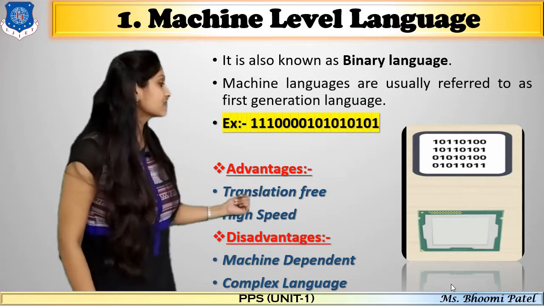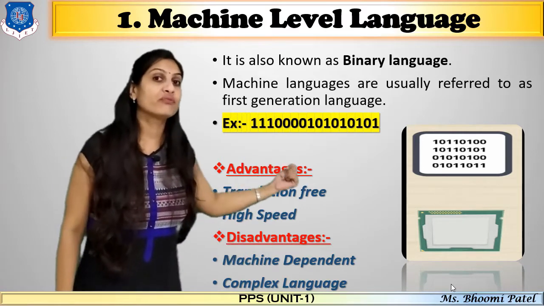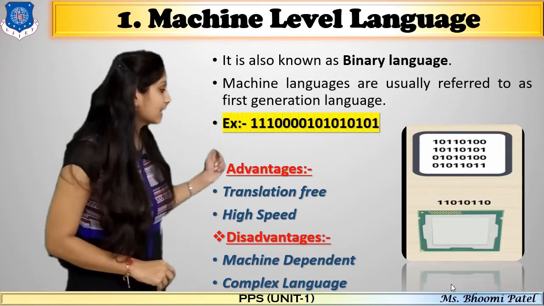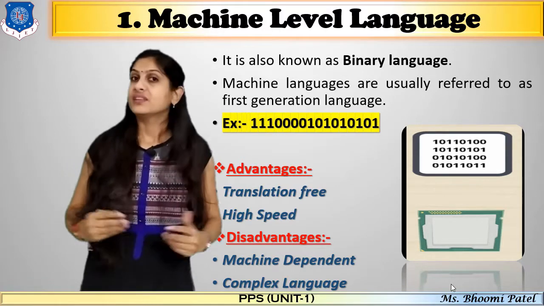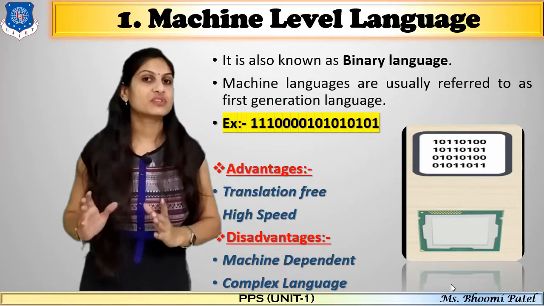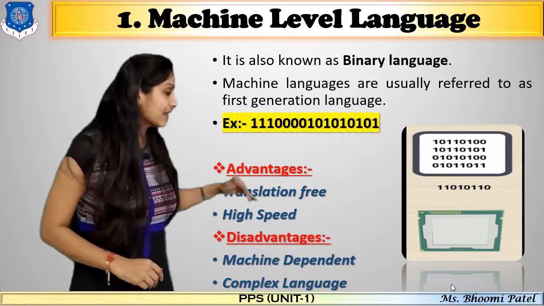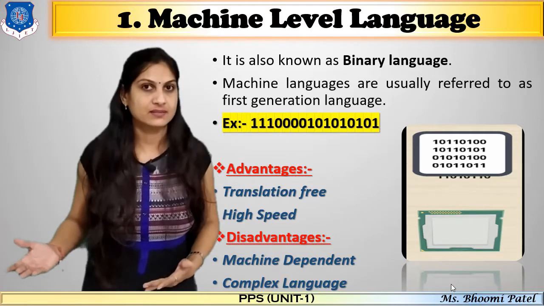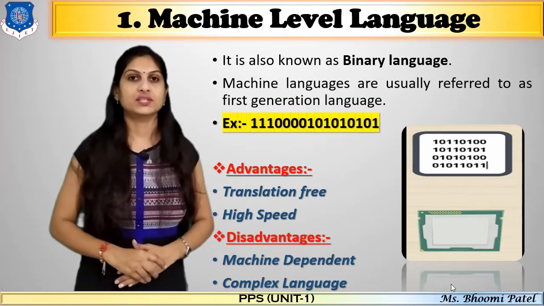No. So we can say that this is a translation free language. That is the first advantage. Now the second one is what? The translator is not needed, but other languages require some translators. So the execution speed of machine code is very fast compared to other languages.